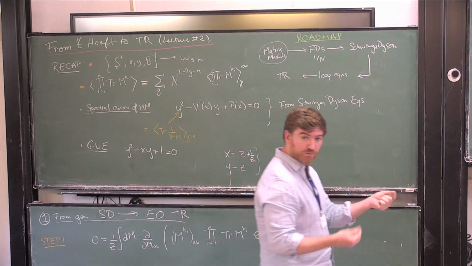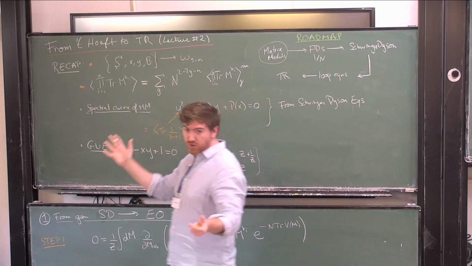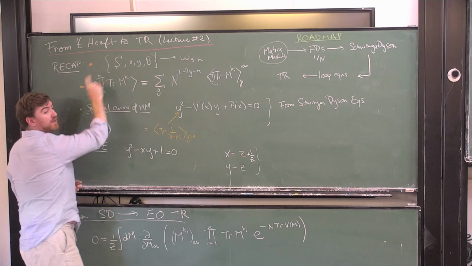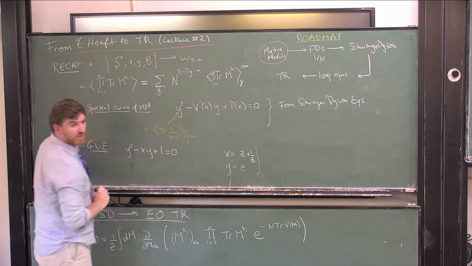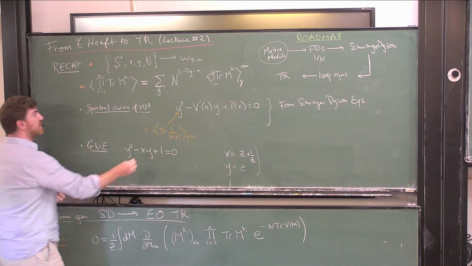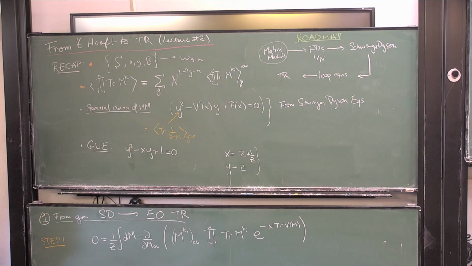Two complex things with one complex constraint gives us a one complex dimensional space, and that space is going to define the spectral curve. So we started from some matrix integral, some RMT type of object that seemingly knows nothing about complex geometry, and we derived this special starting point of the spectral curve.